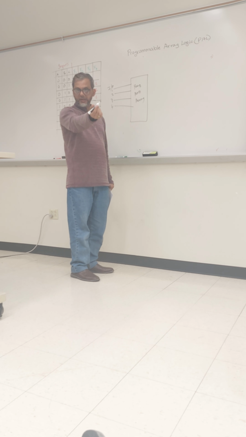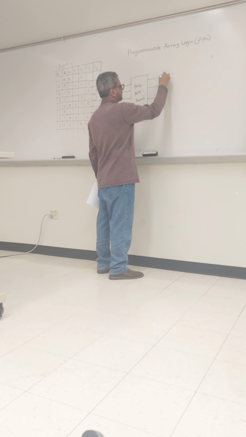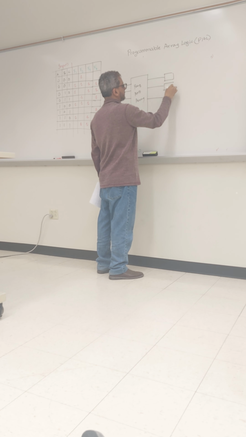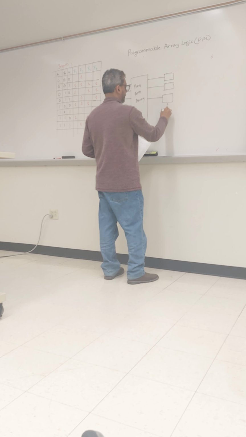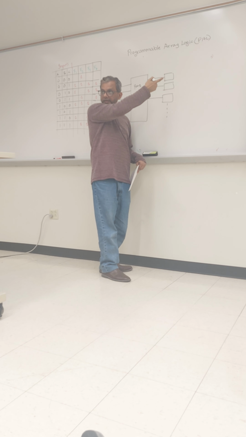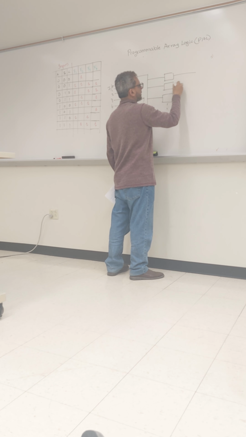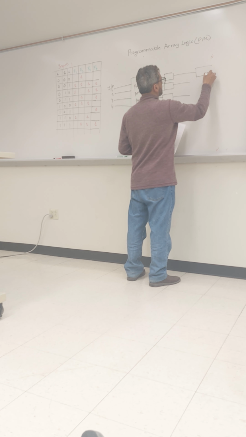Usually we give them to the OR gates that are fixed, so here we have an OR array. But we should not take output directly from the OR array. Instead, we give it to another logic gate, the output logic.